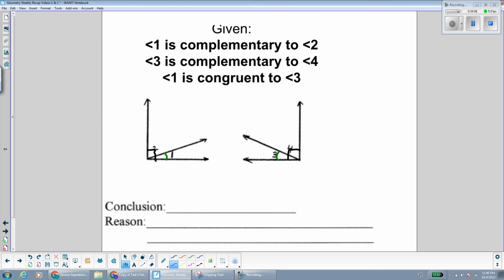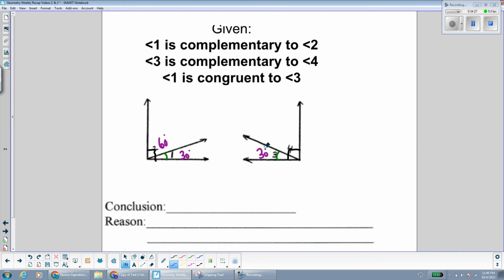Let's say, for example, I'm just making up a number, that angle 2 is 60 degrees. Well, that means angle 1 has to be 30 degrees, since they're complementary to make the right angle. Since angle 1 and angle 3 are congruent to each other from the givens, angle 3 has to be the same as angle 1.